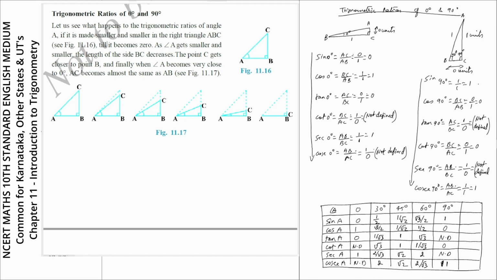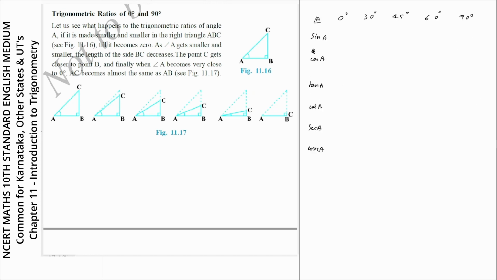Now there are so many values, it's very hard to remember all these values, and now I'll tell you one easy way how to remember all these values. There is one easy method to remember all the trigonometric ratios.